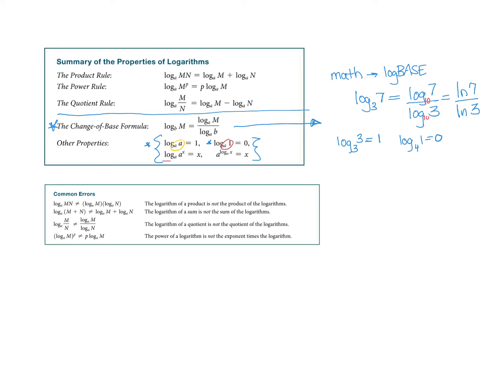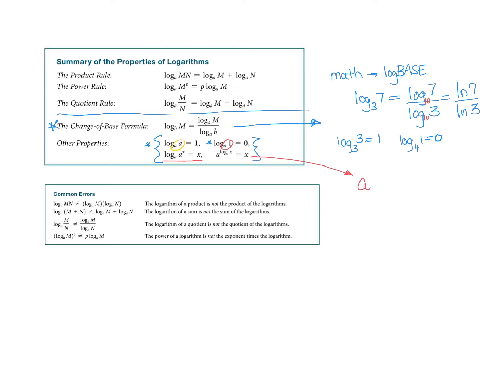Taking a look at this one, we say, what power do you have to raise a to get a to the x? And that's x. That should be pretty straightforward. Now this one's a little bit harder to wrap your head around. I suggest that you just memorize it. But basically, think of this.